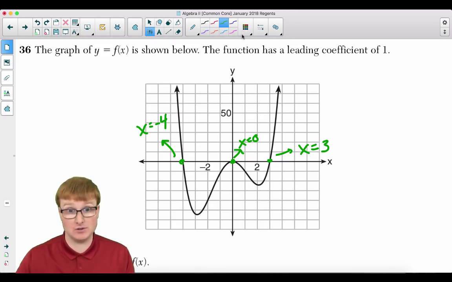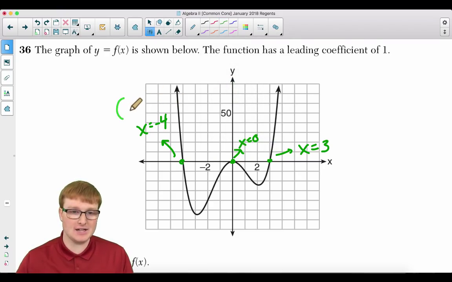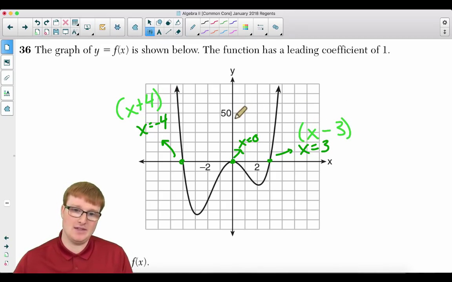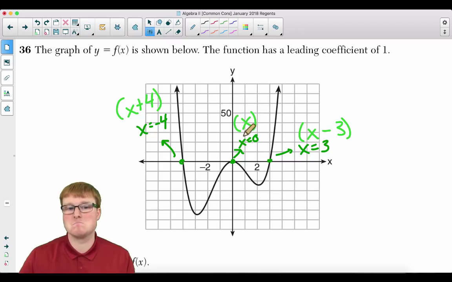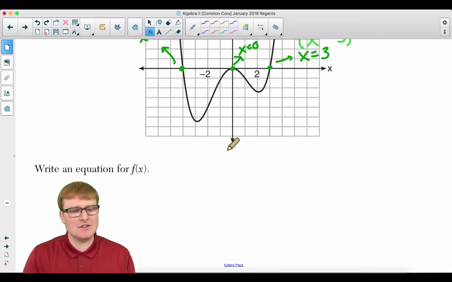What are the factors, folks? Well, the factors are the opposite of the roots. So the factor is x plus 4. The factor is x minus 3. And if x equals 0, then your factor is just x. But is it? Let's see. Write the equation of f of x.